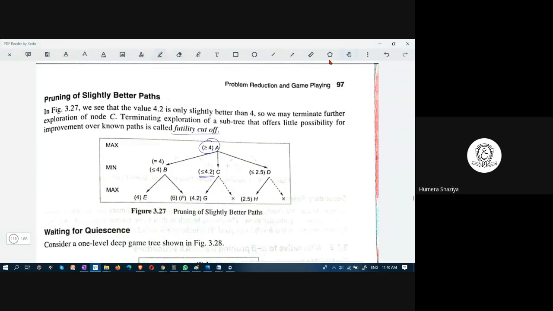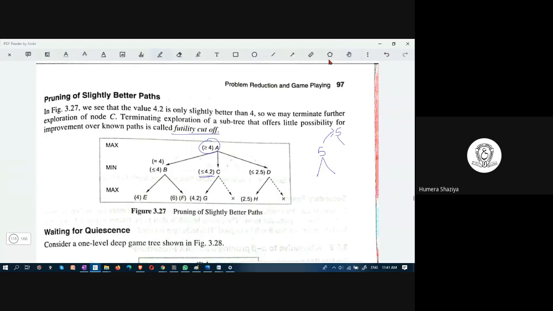And here, this side also, whatever limit min is posing, if it is 5, this is min, and here max wants greater or equal to 5, this is 5, it means that it can go to another path and see whether it can find a value greater than 5.